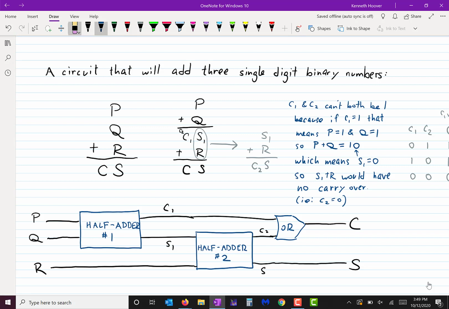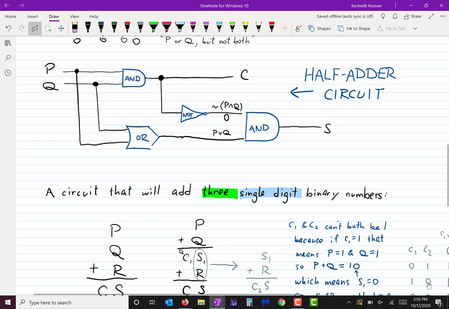Okay, this whole circuit right there is what we're going to call a full adder circuit. And it's a circuit that will add 3 single-digit binary numbers. And remember, each of those boxes that says half adder is really one of those circuits.